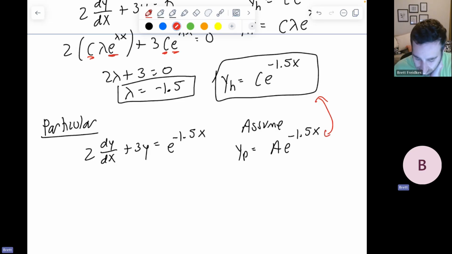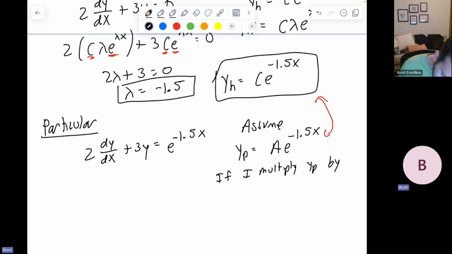if I multiply y sub p by something and it gives me y sub h or vice versa, that means that they are dependent on each other from a linear perspective. So for example, if I multiply yp by c over a, that'll be a e to the negative 1.5x times c over a.